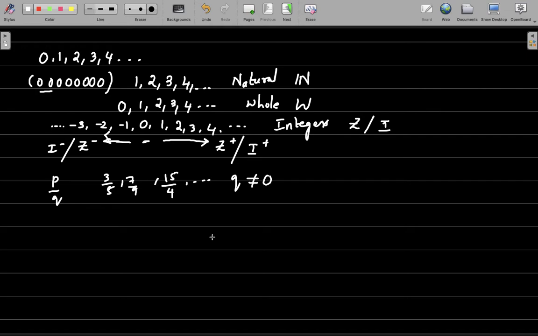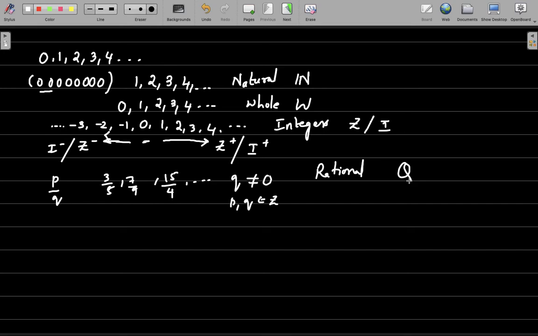Here p and q must be integers, right? Then those numbers are called as rational numbers, which are also represented by Q.